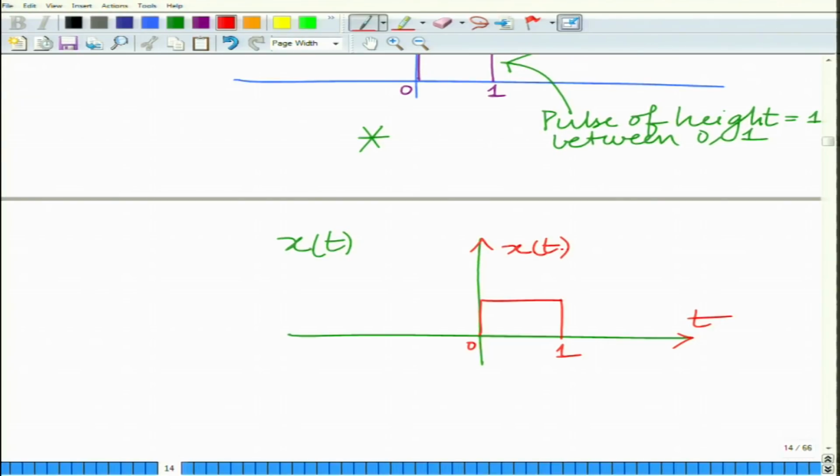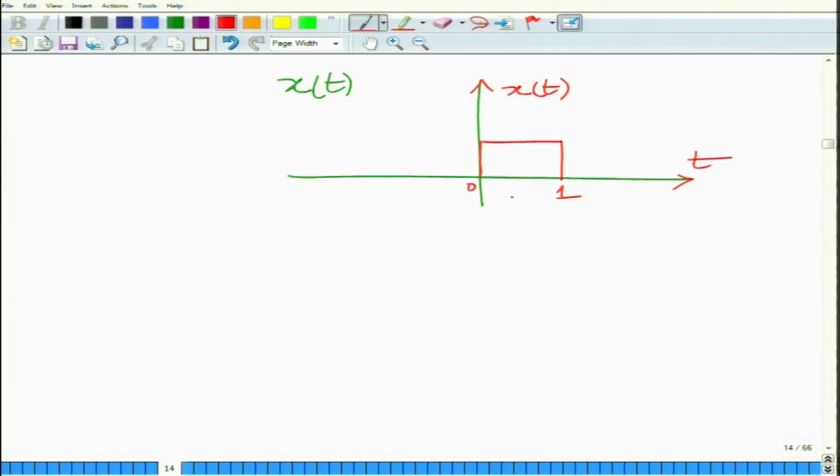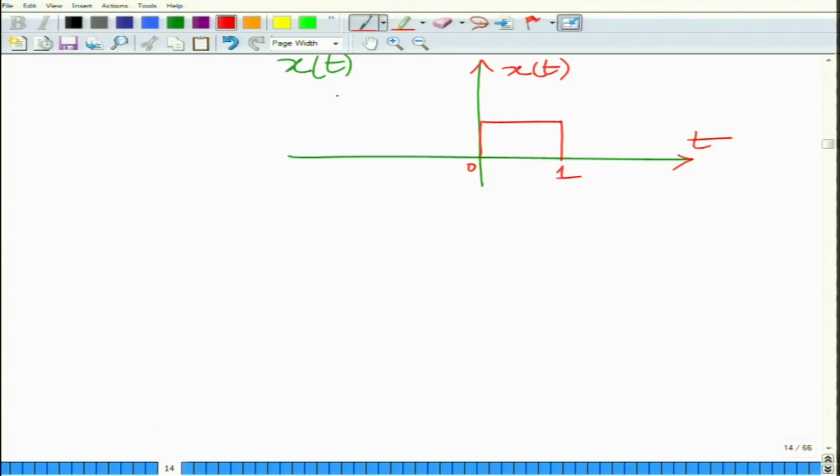Okay. Now, to convolve, remember, we need to flip first. We are convolving x t with x t. So, we need to first flip it about 0.